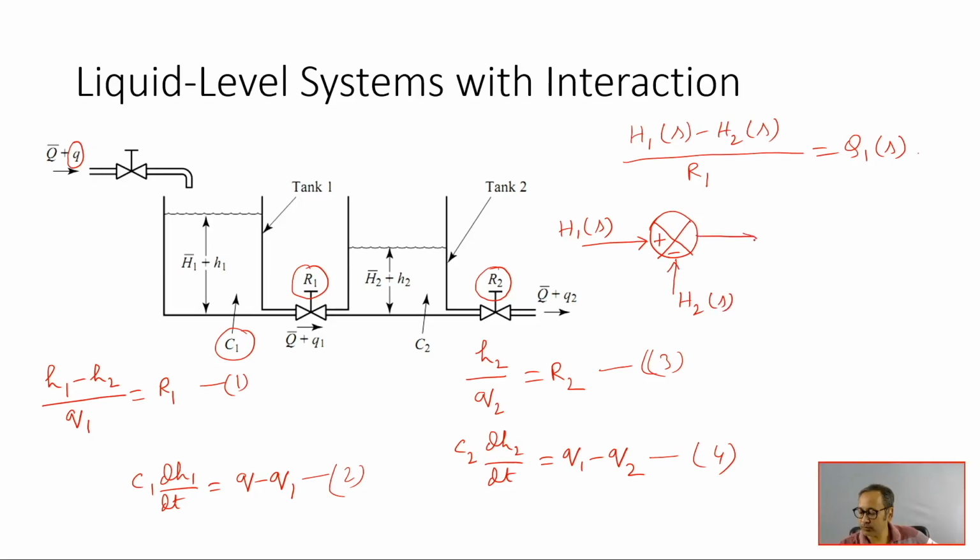So, this output is basically H1(s) minus H2(s), that is going to be multiplied by 1 by R1, a gain value, and the output of this is Q1(s). So, from this particular equation we have obtained this block diagram.